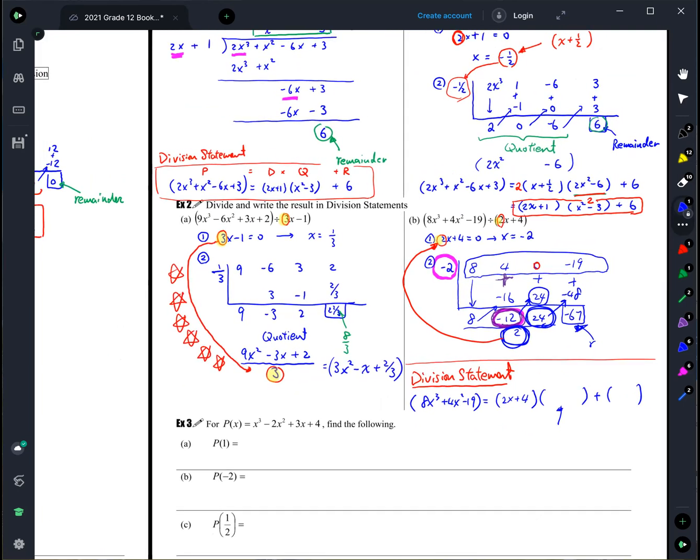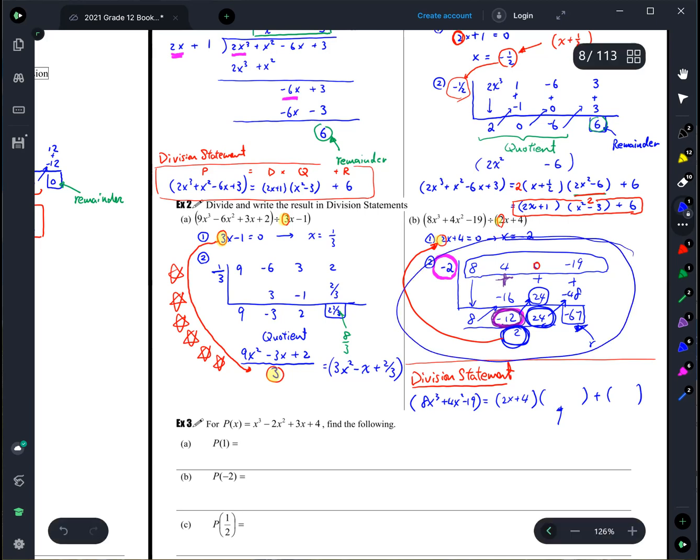I finished P and D, but I did not finish the Q. Do you know where to find the quotient?